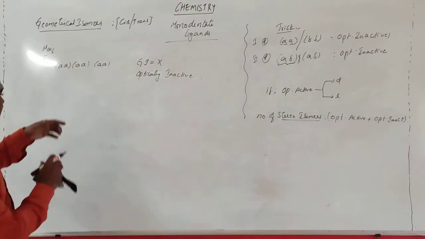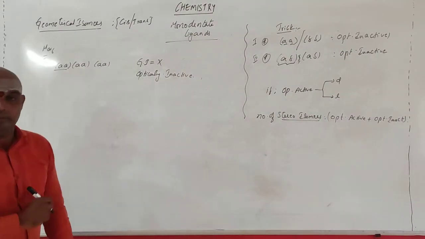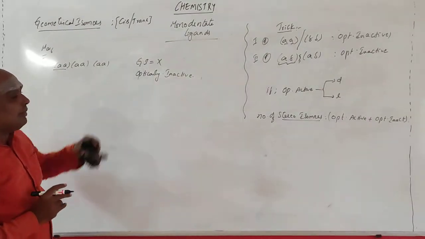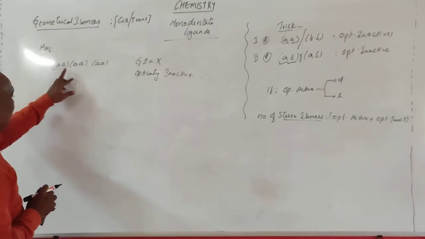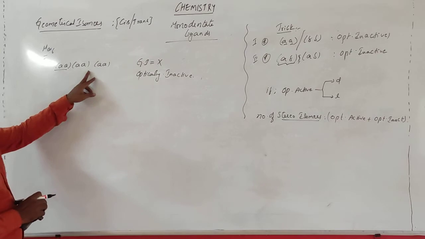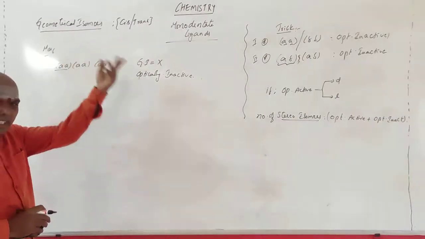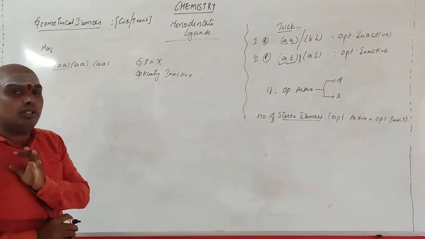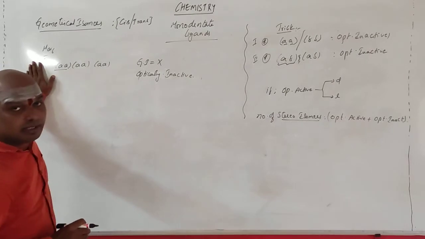Geometrical isomers you calculate by exchanging. There are 6 A's; if you exchange any letter with another, it will be the same. So there will be no geometrical isomers in this complex.